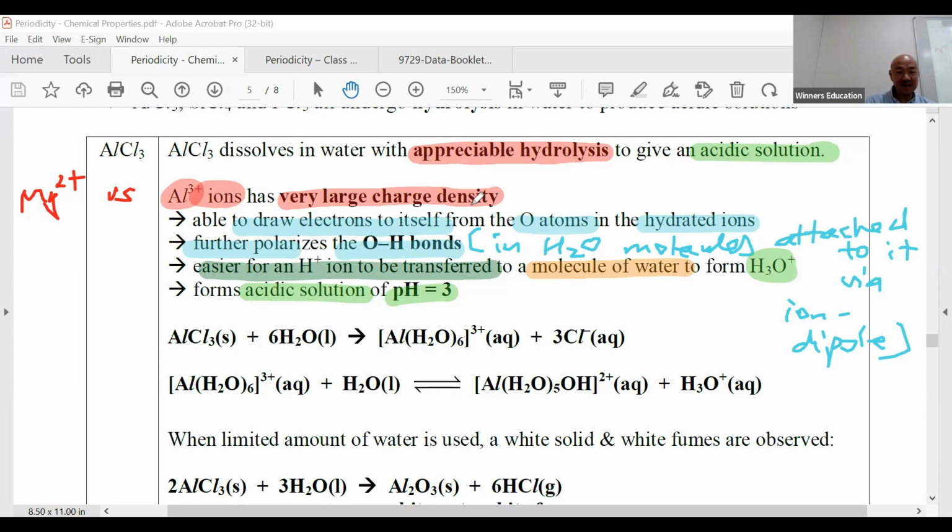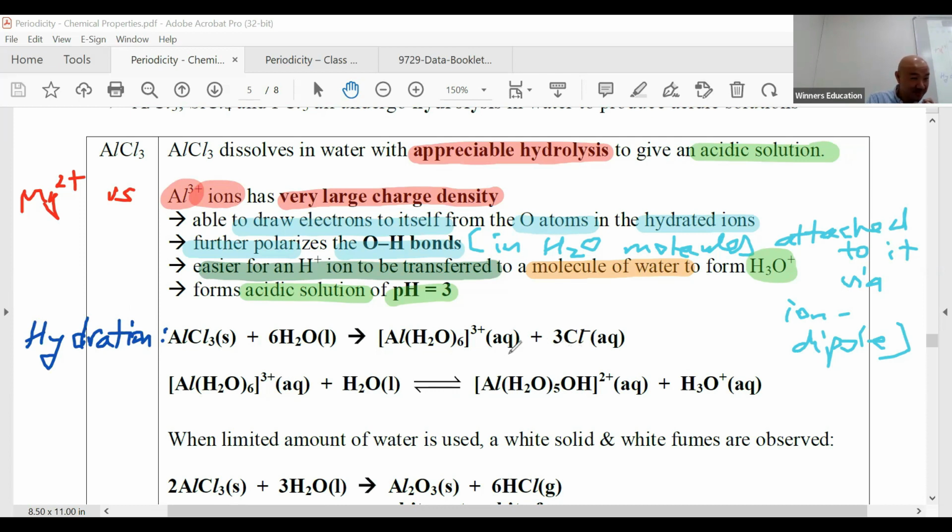Okay, so what happened? Take a look again. This is the beauty, right? It will undergo first hydration. AlCl3 once again will become Al(H2O)Cl3. So it's exactly like MgCl2 there, right? Follow me closely, drink water, everyone.